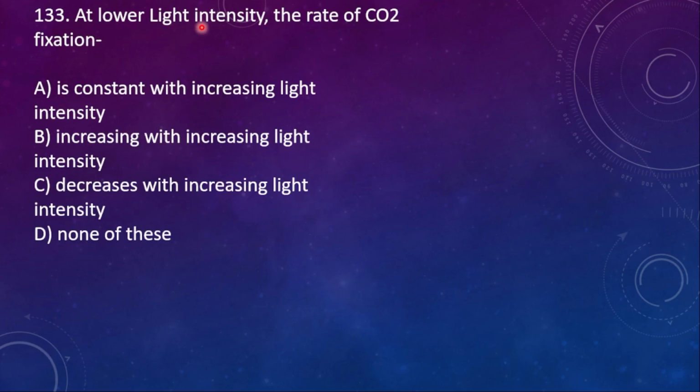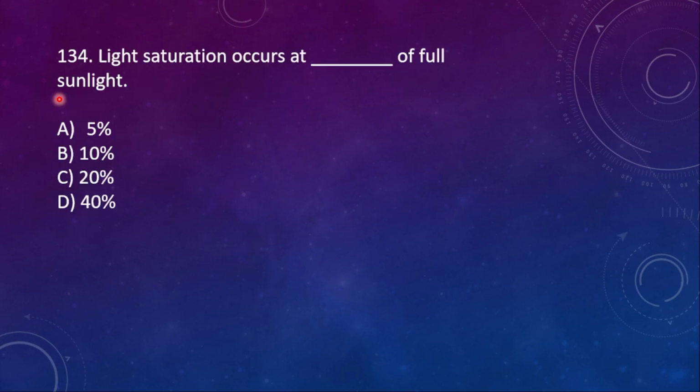133. At lower light intensity, the rate of CO2 fixation increases with increasing light intensity. 134. Light saturation occurs at a dash of full sunlight: 5%, 10%, 20% and 40%.